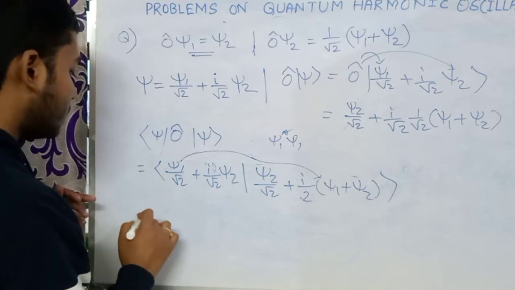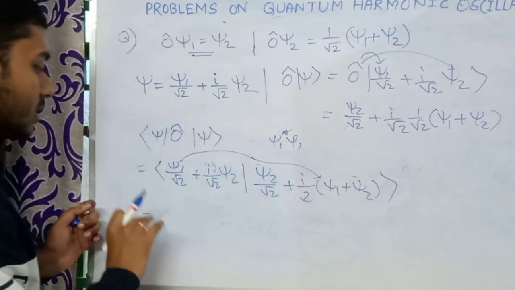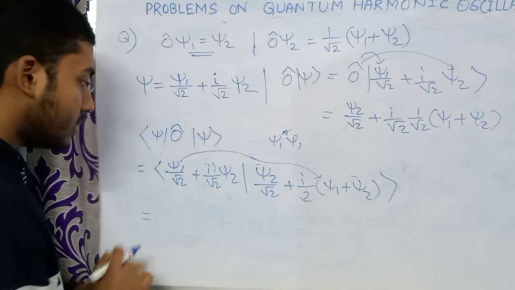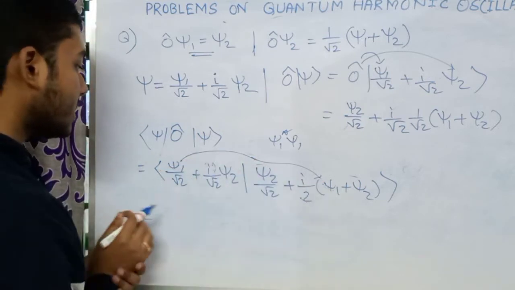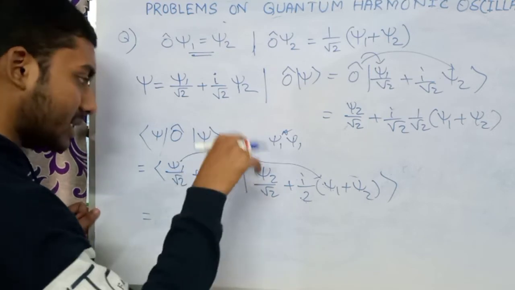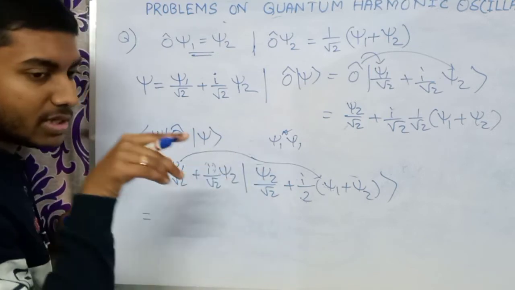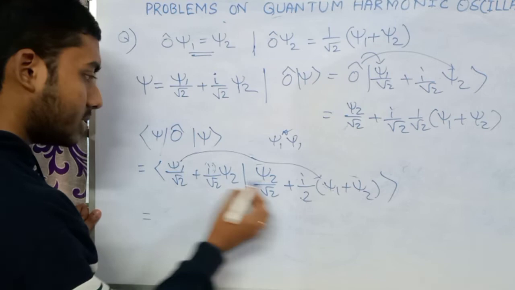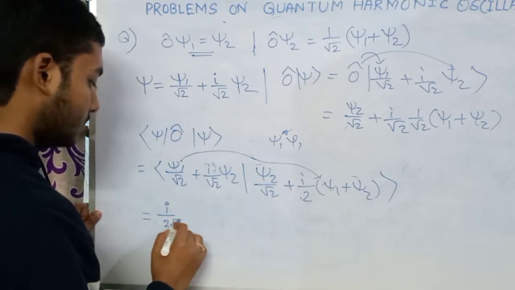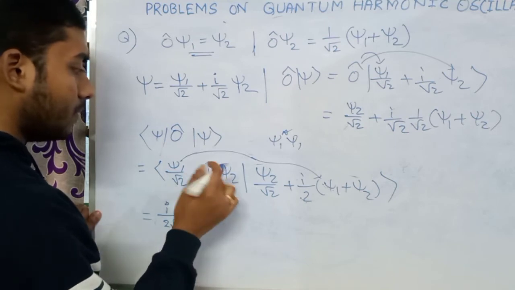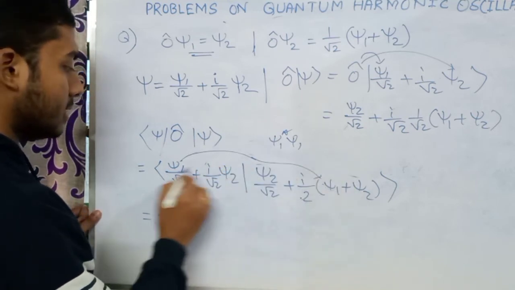So doing all the things, I am just writing down the result, right? When this is applied on this, then this will be psi 1 star into psi, that means 1, and these things will be multiplied, that means i divided by 2 root 2. Now psi 2 and this, right?